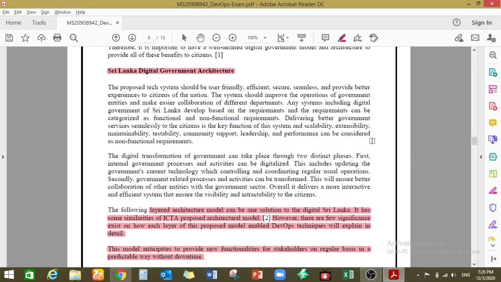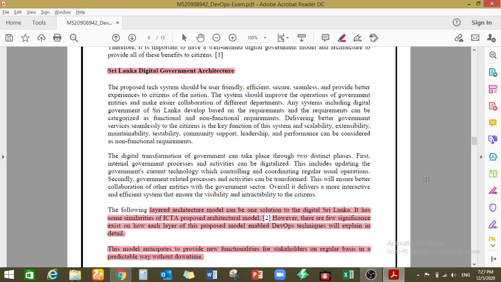The system developed or proposed is called the Sri Lanka Digital Government Architecture. The proposed system should be user-friendly, efficient, secure, seamless, and provide better experiences to the citizens of the nation. This system should improve the operation of the government entities and make collaboration of different departments easier.